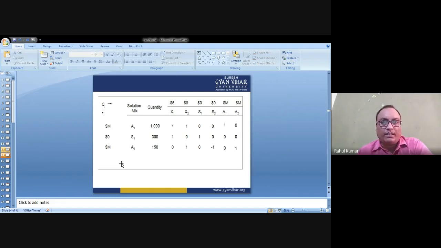The $5 is x1 equal to 1 and $6 is x2 equal to 1, and the slack variables are S1, S2 and A1, A2, right? Then Zj and Cj minus Zj. This is the tabulation for the minimization problem.